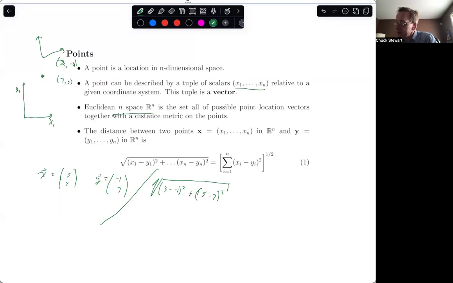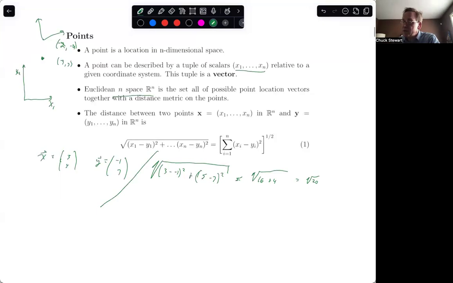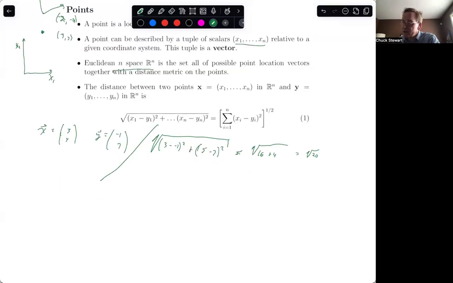And that is the square root of 16 plus 4, which equals the square root of 20. And one important point about this distance is it does not matter the coordinate system in which you draw it. The distance between two points is the same no matter whether your coordinate system's down here or over there. The distance measurement is the same.